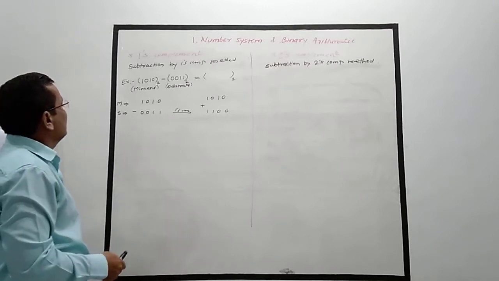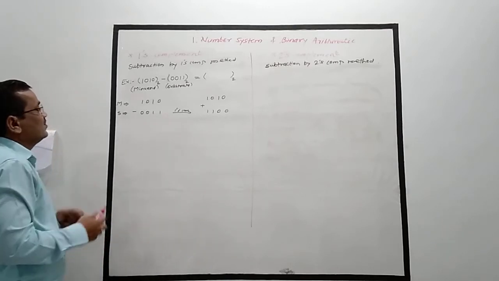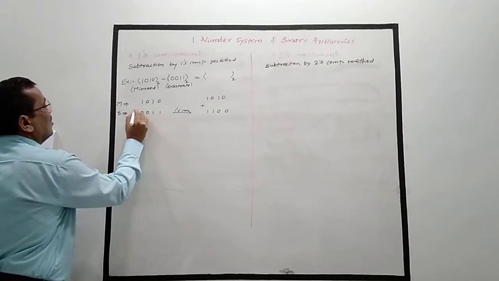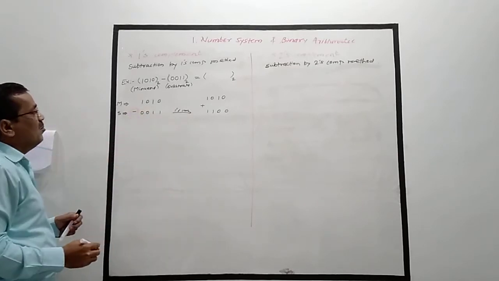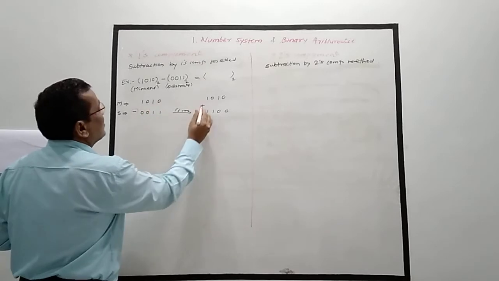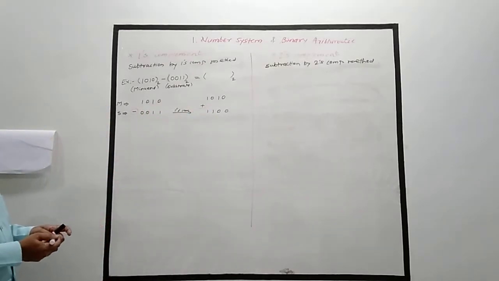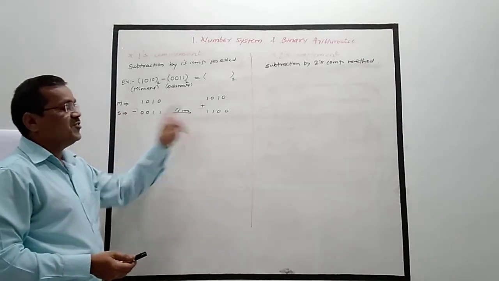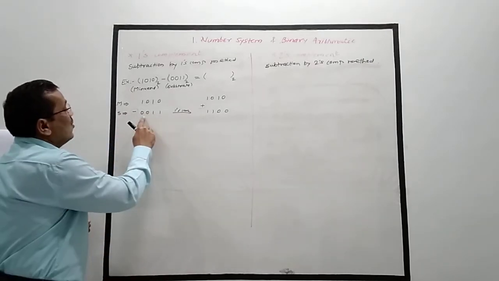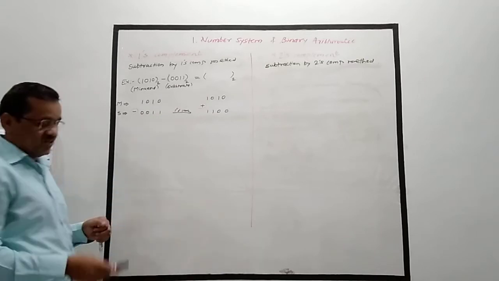Actually we are doing subtraction, subtracting the subtrahend from the minuend, but we convert it into addition by taking the 1's complement of the subtrahend.